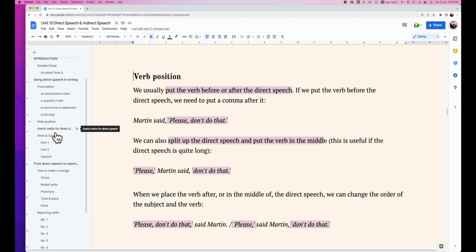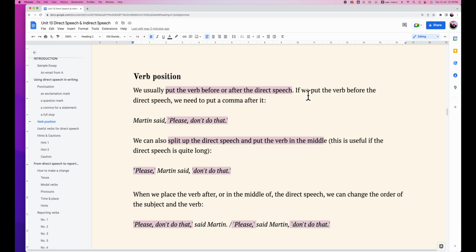And the next thing we have to care about is verb position. In direct speech, the verb position can be very confusing, and that is a little thing we have to care about. Let's take a look, what are they? We usually put the verb before or after the direct speech.